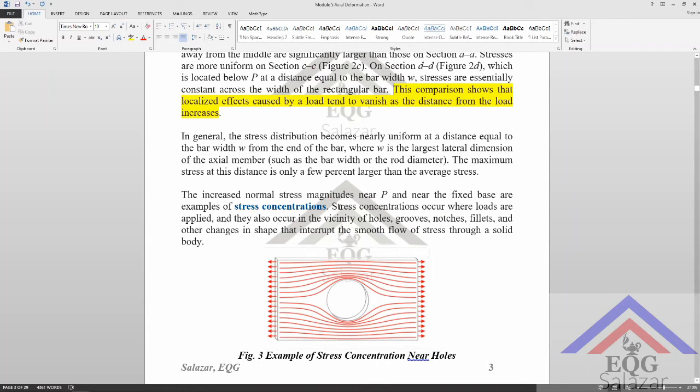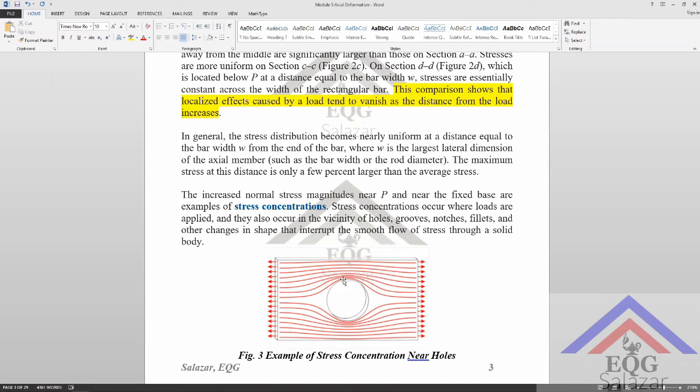Because there are such things as stress concentrations that occur, and that is why when there is seismic activity happening, we commonly see the corners of the openings of the windows and the door. That is where the cracks start, right?